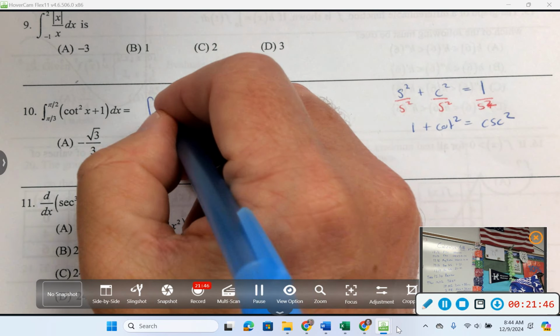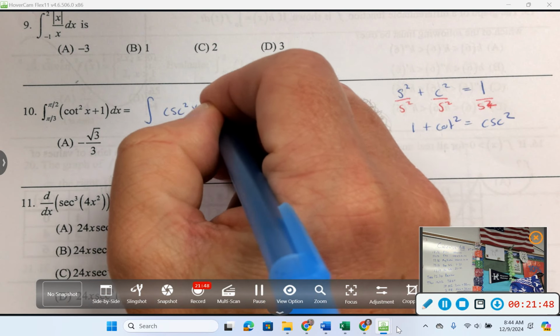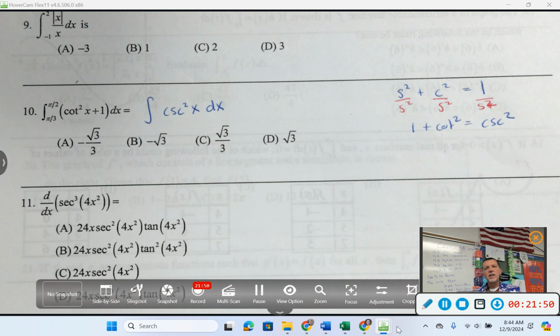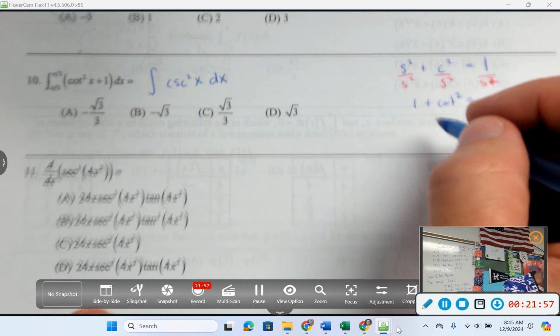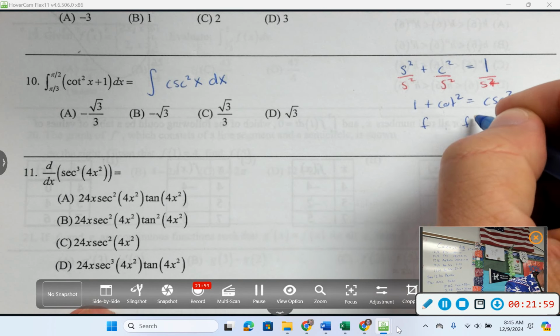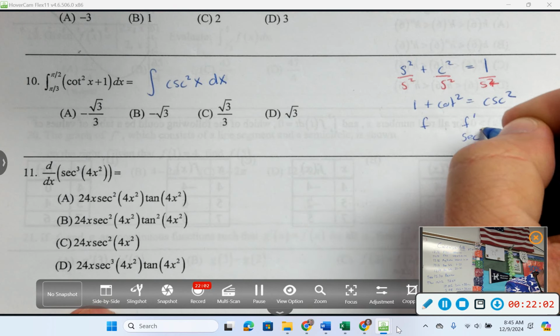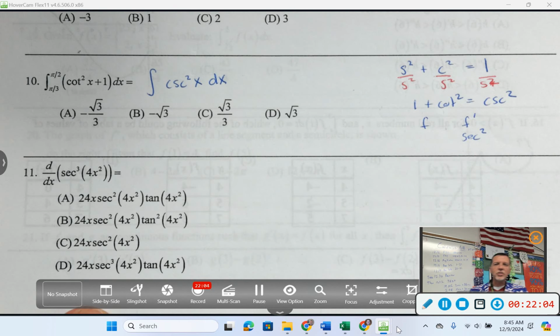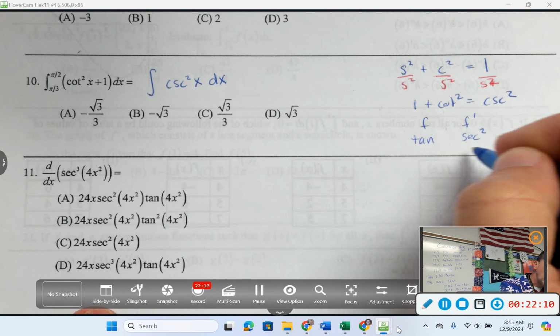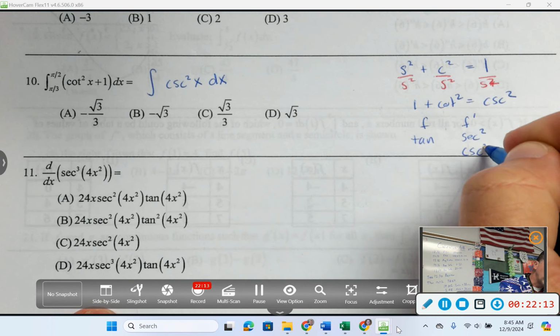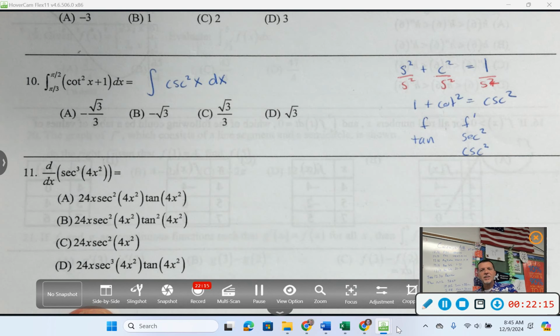So the integral of cosecant squared. I know there's somebody who has a derivative of secant squared. Right? Who has a derivative of secant squared? Tangent. Back up to the one we know. Which means, who has a derivative of cosecant squared? Negative cotangent.